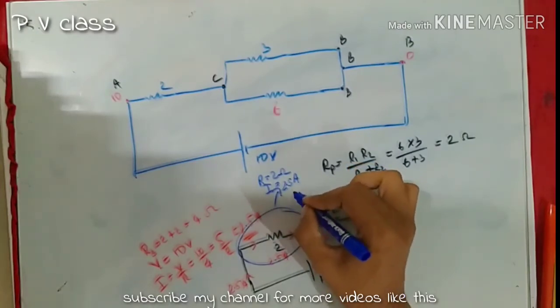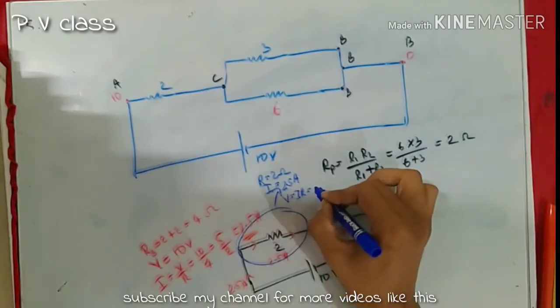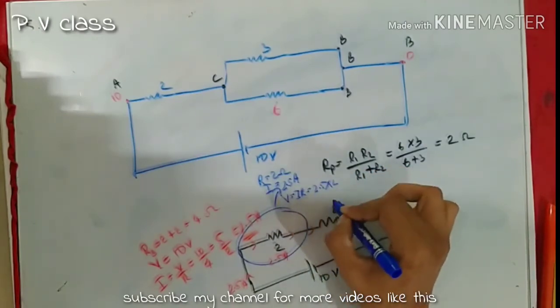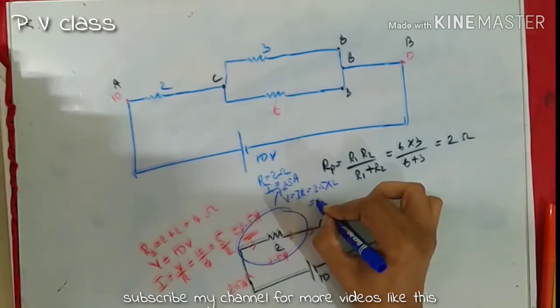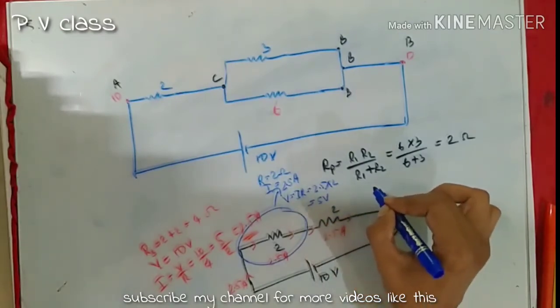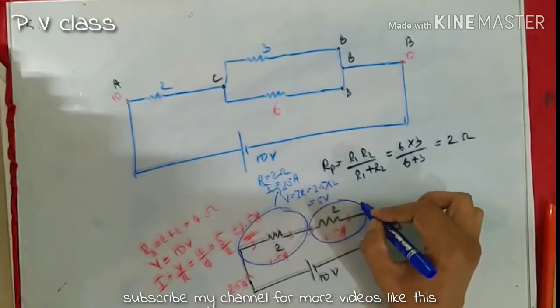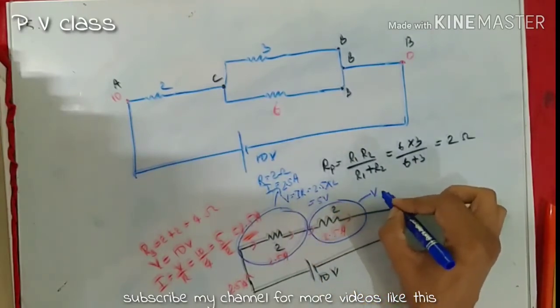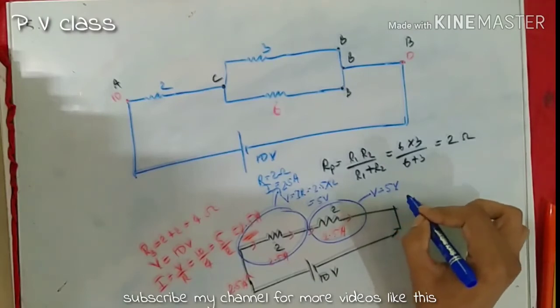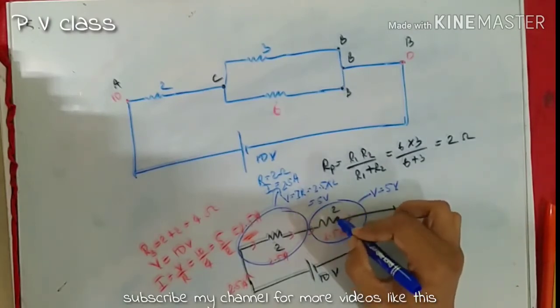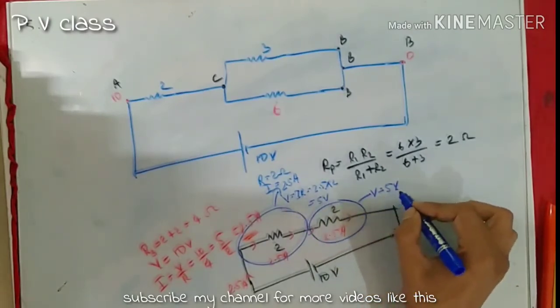Then can you find out the voltage? V is equal to IR, that is 2.5 into 2, that is equal to 5 volt. That means this case also the voltage will be 5 volt. Why? Current is 2.5 and resistance is 2, therefore 5 volt.